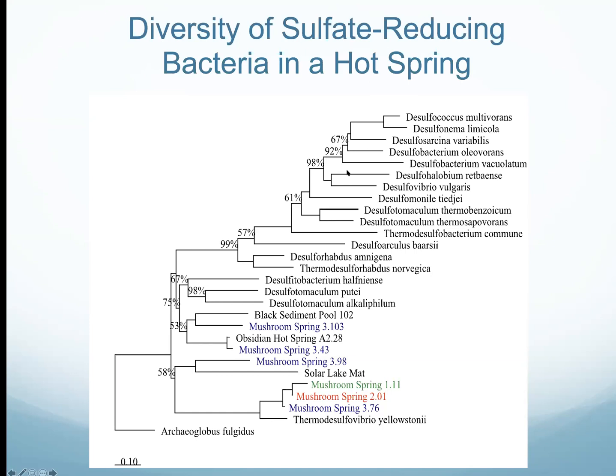So ultimately, we'd love to get 100% bootstrap replication, and that would give us really high confidence. And sometimes you come close, like this is 98% of the time, all of these clustered together. So it gives you a sense of how reliable your data are. That's what bootstrapping does.